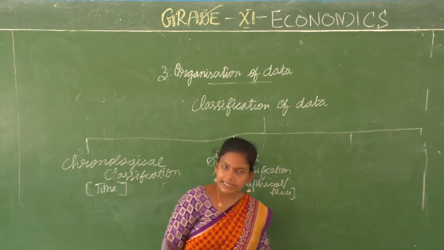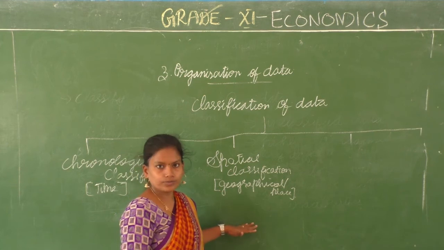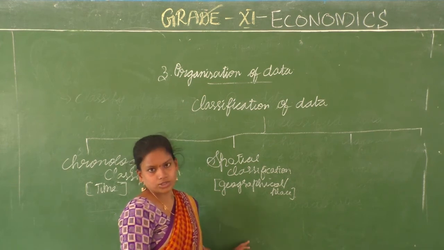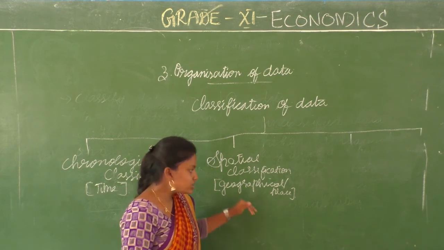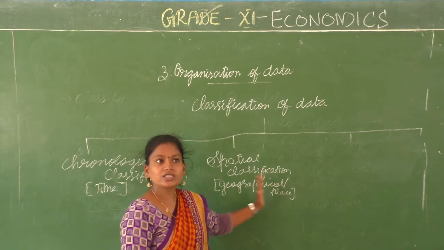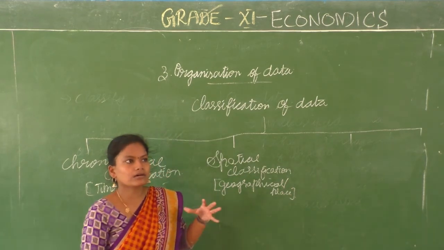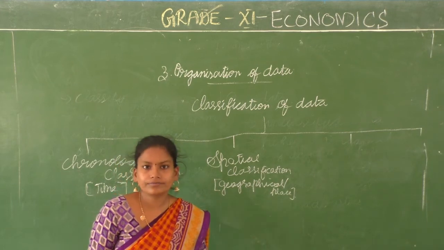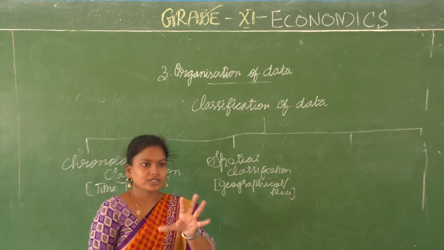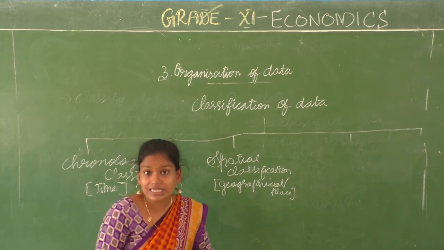When we talk about literacy rate, how much literacy rate is there in Tamil Nadu, Kerala, UP, Andhra Pradesh, Karnataka? You see, it is based on their place, right? That is spatial classification. When they talk about rain, how much rain we got, they will say that this much rain was recorded in this particular city. Based on cities, they will say.